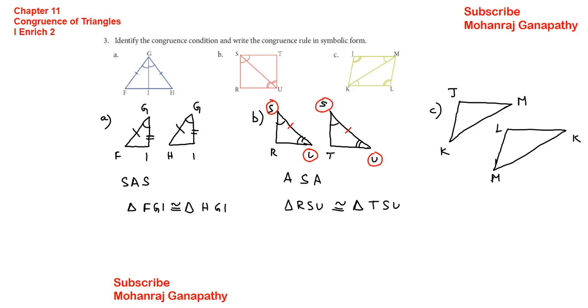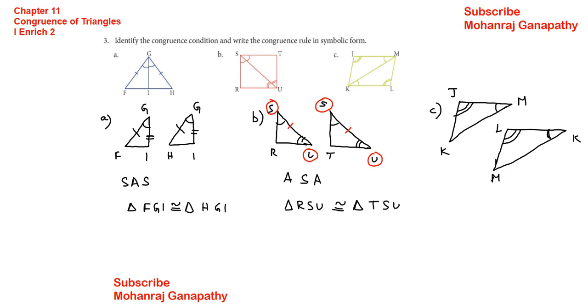See, J, K, M: angle M is given, angle J is given. Again here angle L is given and angle K alone is mentioned. So I have redrawn the diagram like this. Don't get confused. There is a common side between them.